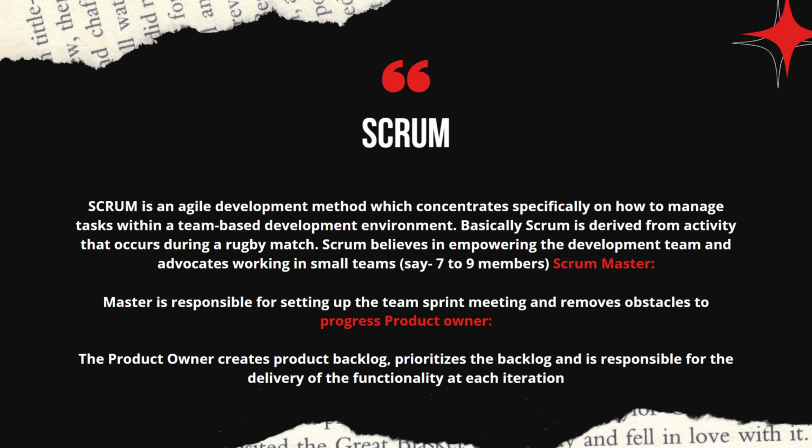Scrum Master is responsible for setting up the team sprint meeting and removing obstacles to progress. Product owner. The product owner creates the product backlog, prioritizes the backlog, and is responsible for the delivery of the functionality at each iteration.